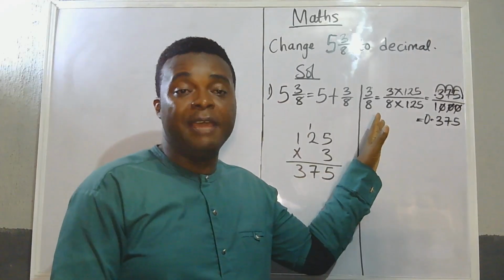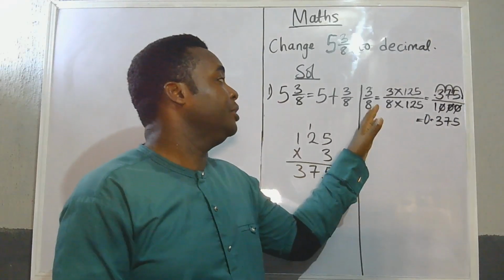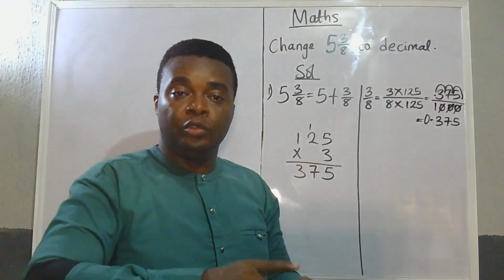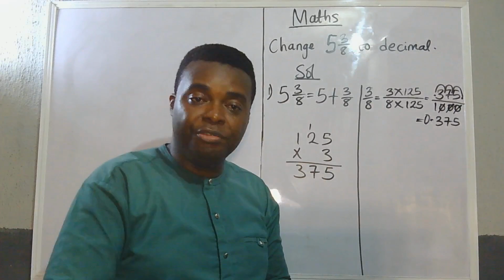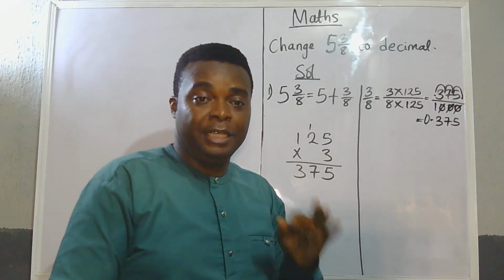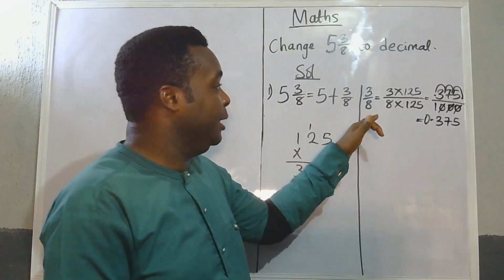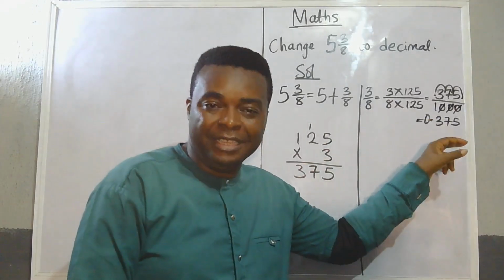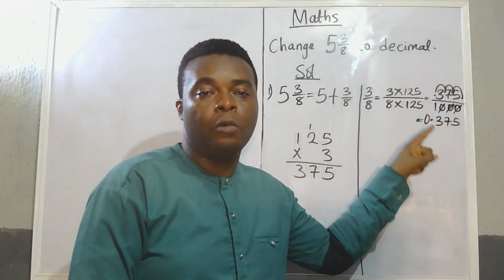Now, it is not for every fraction that you can easily change the denominator to 10 or 100 or 1000. Is that clear? It's not for every denominator that you can multiply with a number to make it 10, 100 or 1000.